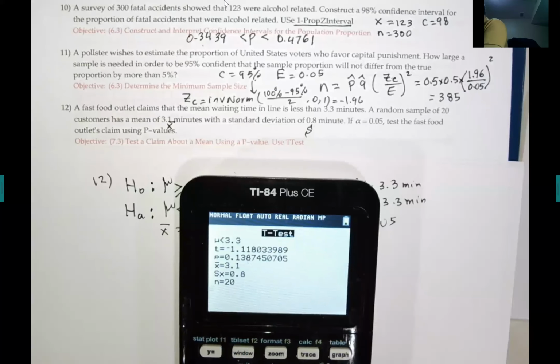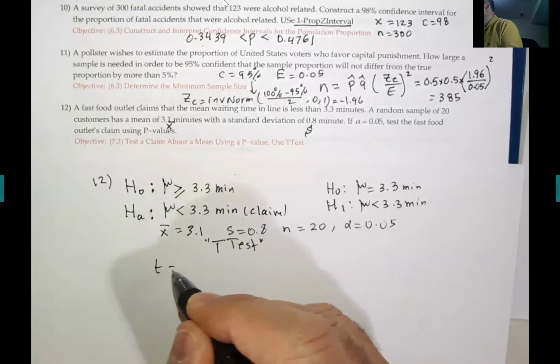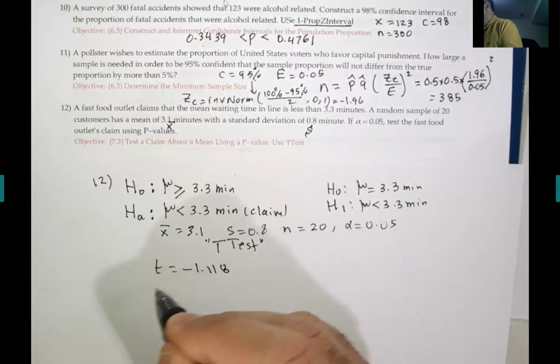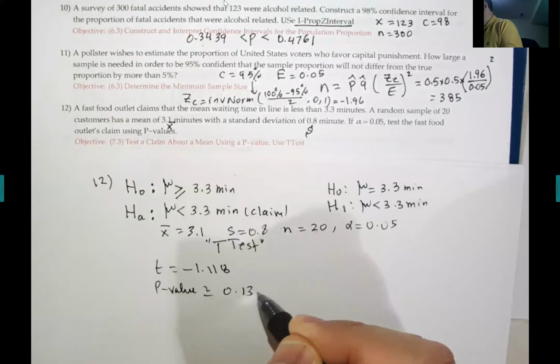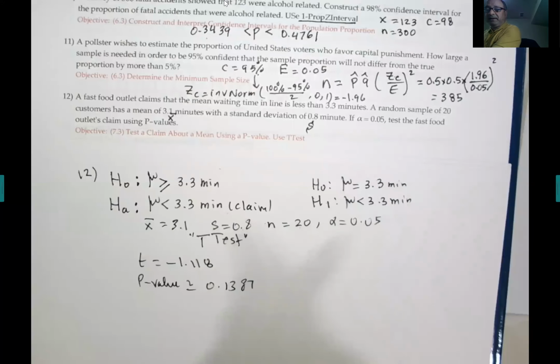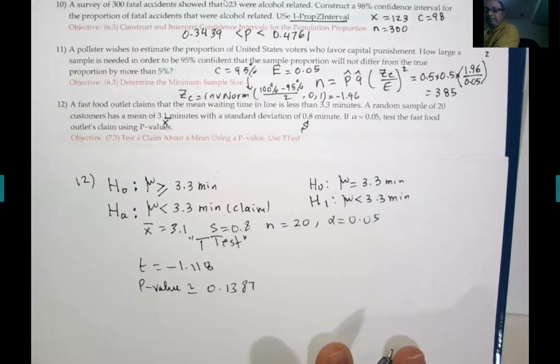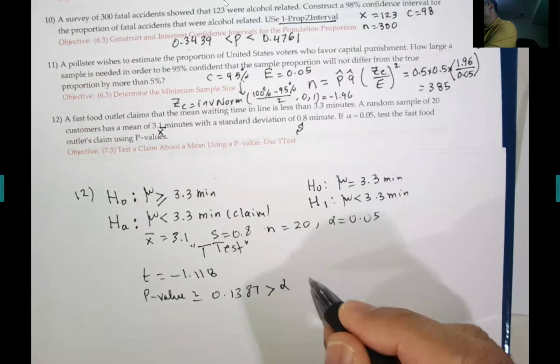T, usually 3 decimal places, is -1.118. And p-value, I'm sure you are tired of the p-value by now. You've been hearing about it half of the semester. Okay, this is bigger than alpha, guys. So you fail to reject H0.